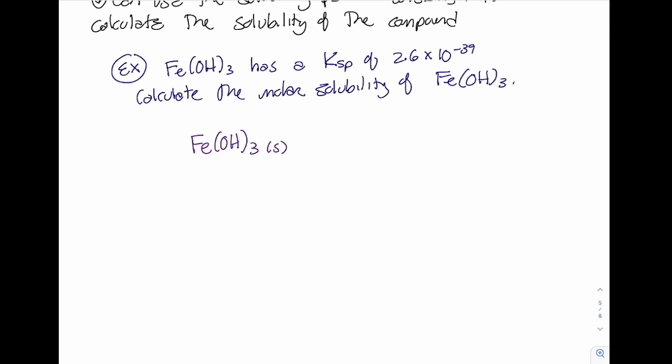So this is solid. It is going to dissociate a little bit into iron 3 plus 3 hydroxide ions. I write my expression. I'm going to leave a little bit of space because we are going to make a little table under there.